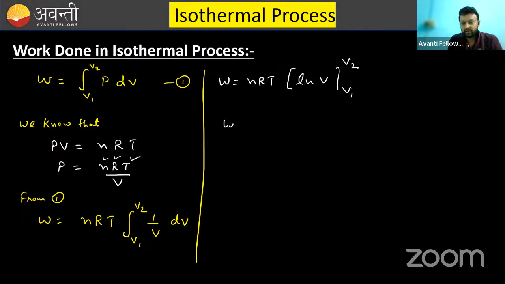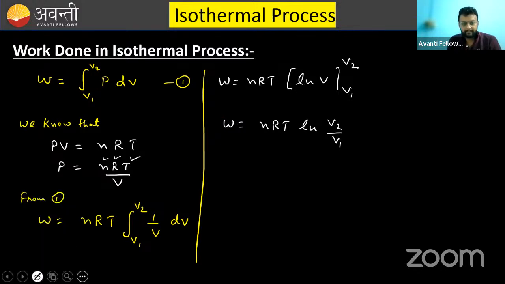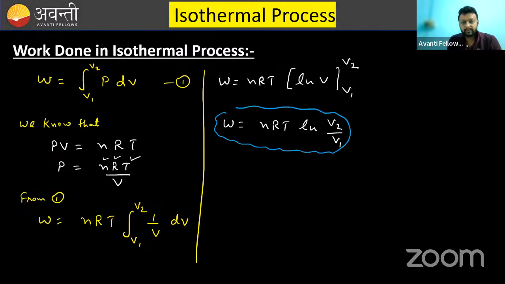So work done is nRT ln V2 by V1. This is our work done for the isothermal process: nRT ln V2 by V1.